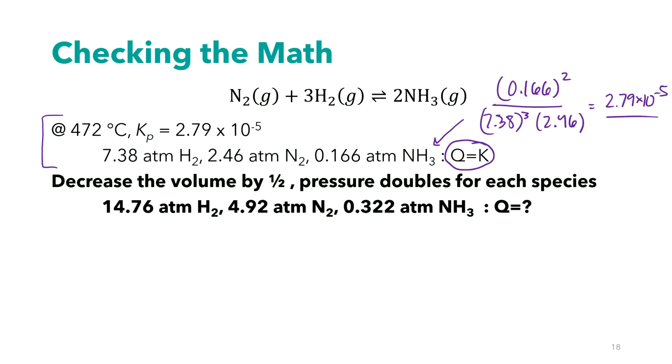Now, the part I want you to show me is that when you decrease the volume by 1/2, the pressure for each component doubles, right? There's that PV equals nRT, so if I halve the volume, the pressure is going to double. And now I have these new pressures. So I want you to calculate what Q is now at these pressures, and then tell me how the system responds to this change in volume and pressure.